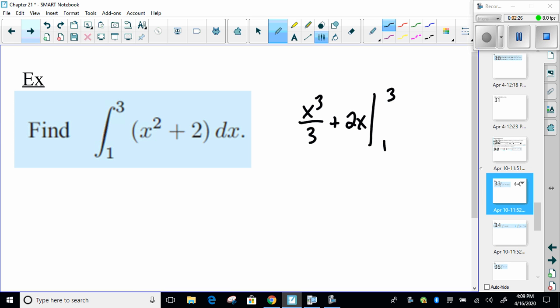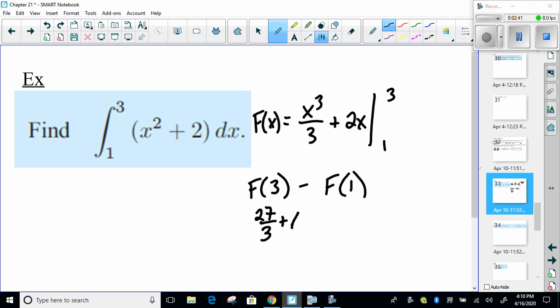So this is capital F of x. Now I have to do F of 3, and then I'm going to subtract F of 1. When I substitute 3 in, I get 27 over 3 plus 6, and then we're going to subtract F of 1, which is 1/3 plus 2, so 2 and 1/3.